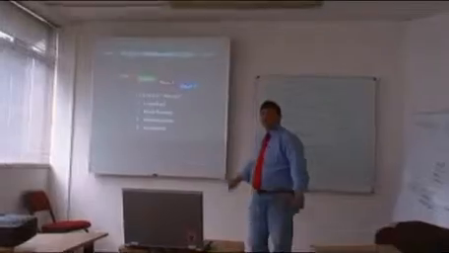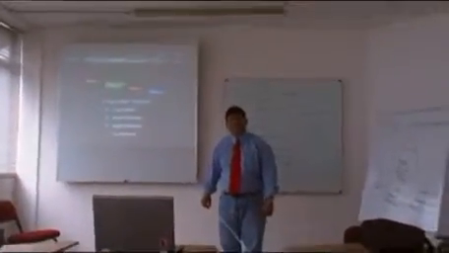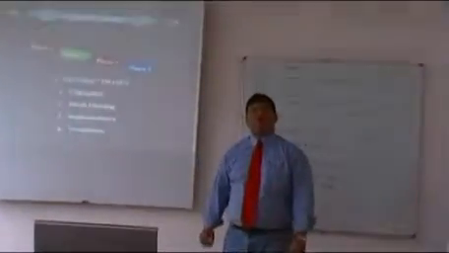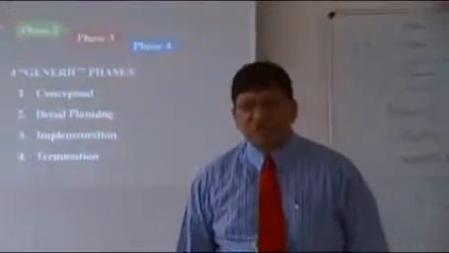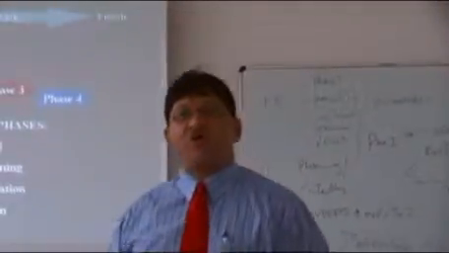Now, this is from a generic point of view. You can have six phases in your project, even eight phases. The number of phases depends on the complexity of the project. The more complex your project and the longer the duration, the more phases you will have.